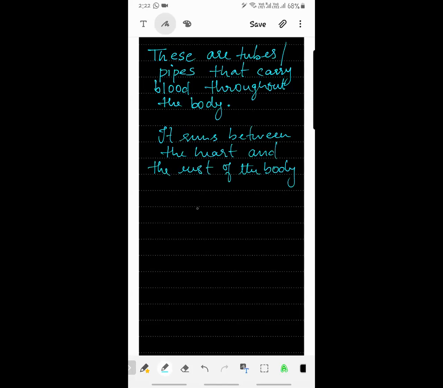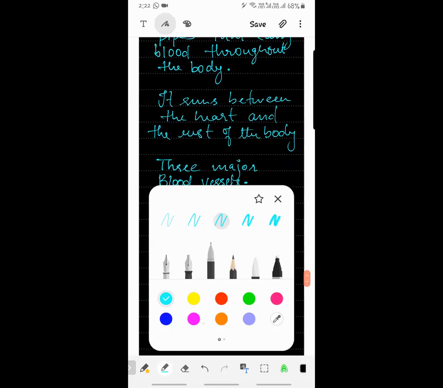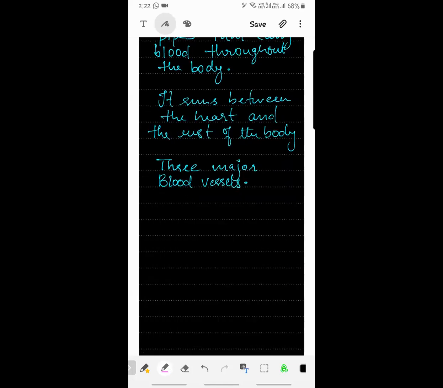So there are actually three major blood vessels. Okay, no problem, but be careful and then write. Don't write in a hurry. So there are three major types of blood vessels. First, second, third.